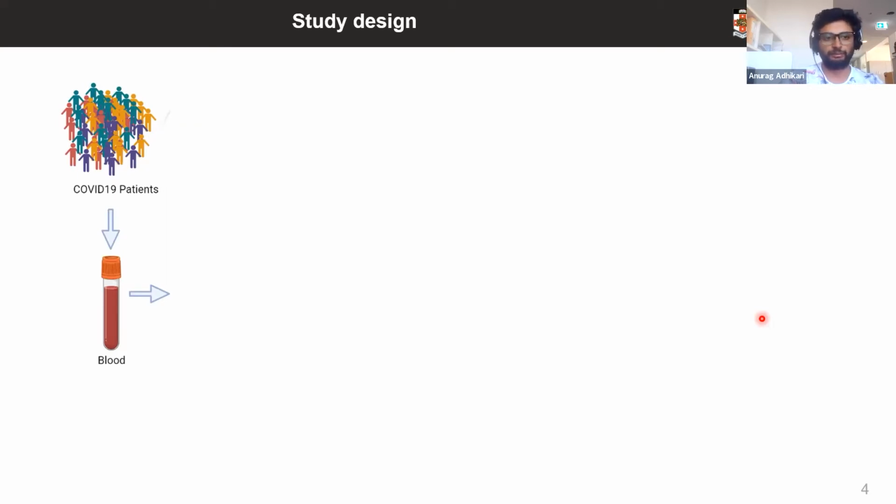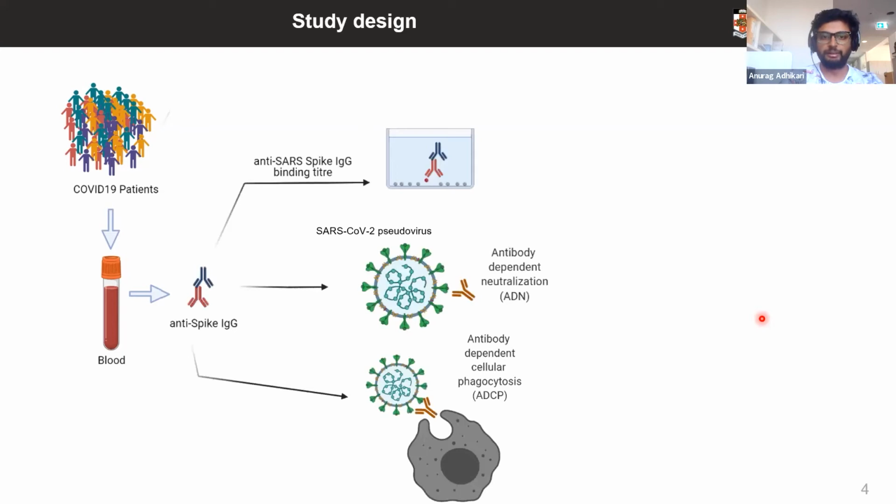So basically, the whole study design in a snapshot is that we enroll COVID-19 patients, get blood, and from the blood we use the plasma antibody for different assays, including the anti-spike IgG binding titer to understand how much antibody they have. And then we developed the pseudovirus assay, which defines the neutralizing function of the antibodies in the plasma.